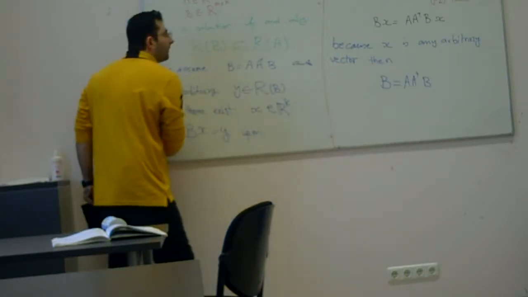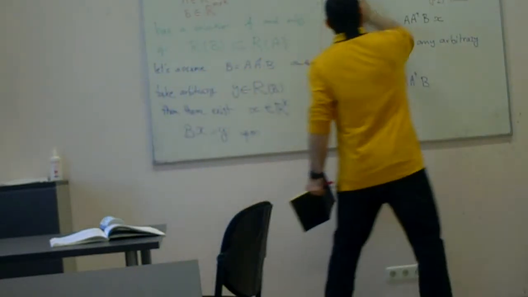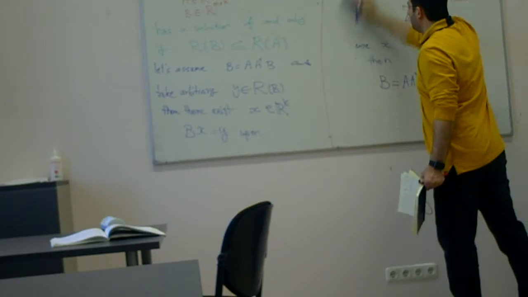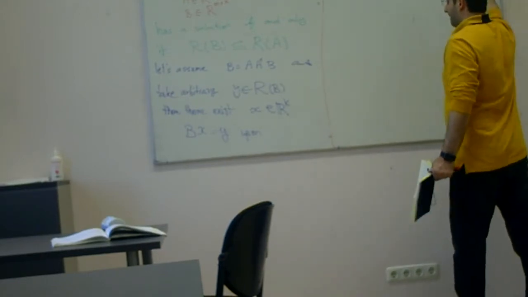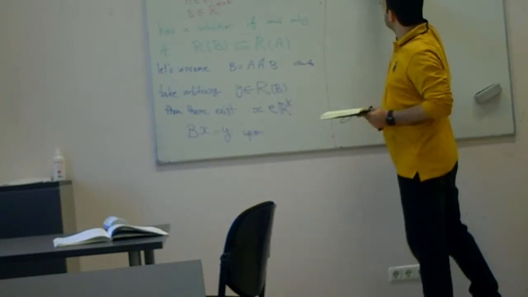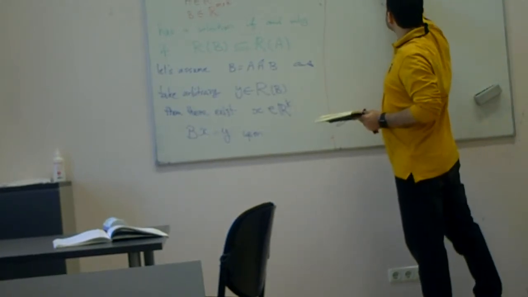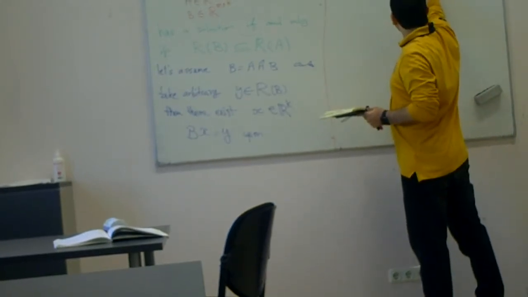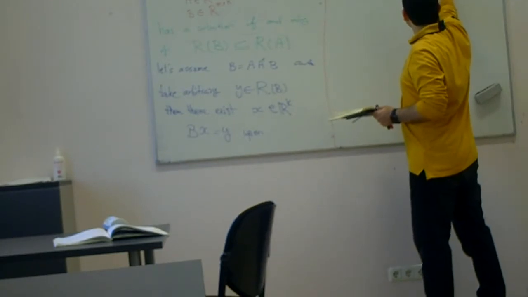And we already know that B is A plus B. So Y is equal to Bx is equal to A plus Bx.